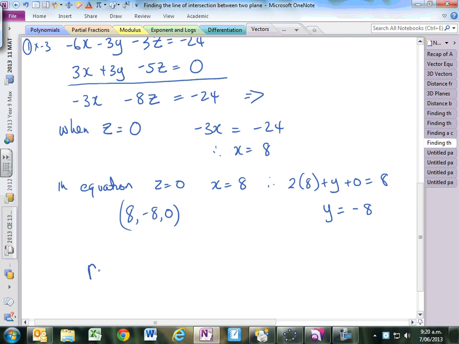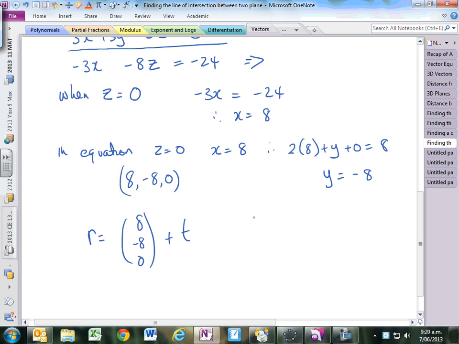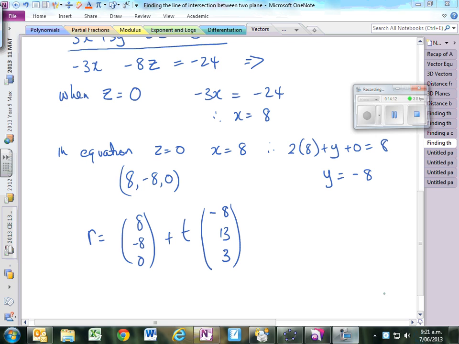We said r was going to equal, we needed a point, we've got the point, plus t, and then the direction vector was -8, 13, and 3. Okay. So we got there in the end. Well done. We'll just see how we're building on bits and pieces that we've worked on all the way through.